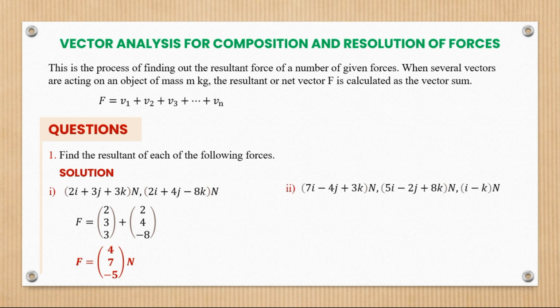Alright, part 2. I have the vector 7i minus 4j plus 3k newtons, and the other vector 5i minus 2j plus 8k newtons. The other is i minus k newtons. Let's arrange these in column form.